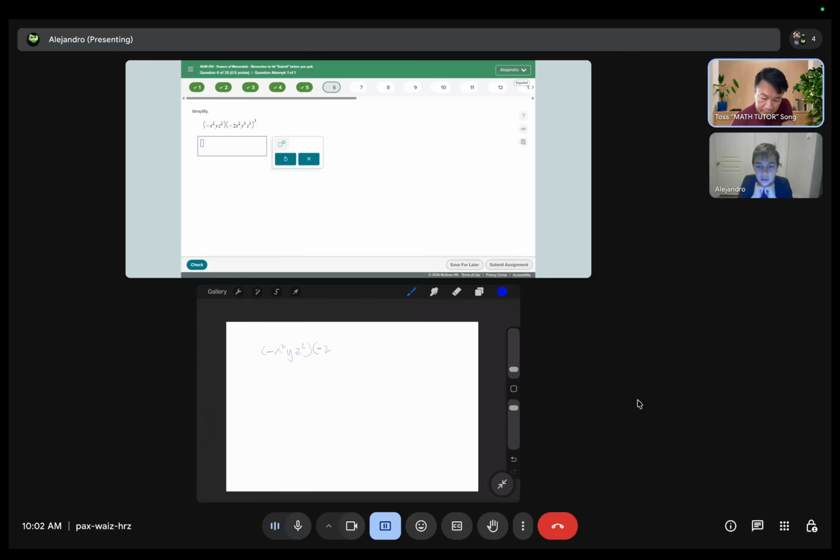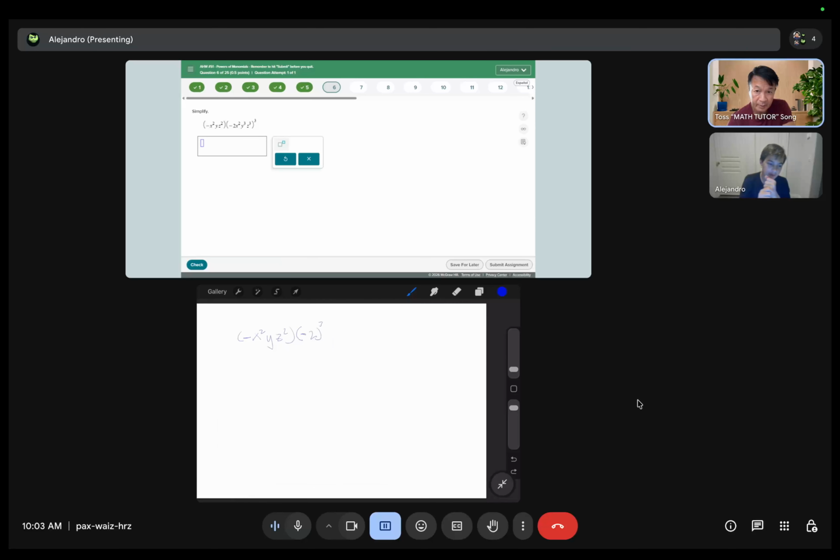The 2 is raised to the 3rd power, like this, with the negative. Now you might be thinking, why shouldn't I put it in there? Yes, you can, but remember to be safe. What if it's raised to an even power? So do this as a practice. This is how it's supposed to be taught. And then the second one, okay, I think you may be able to do this like this.